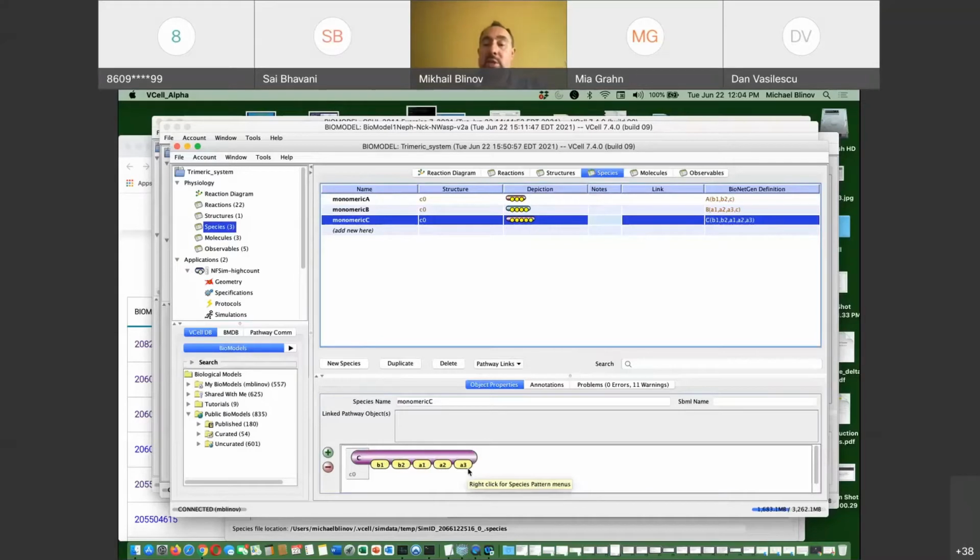So this may be considered a molecular dynamical system, but in network-free simulation, it's a purely stochastic description that doesn't account for proximity, doesn't account for whether certain molecular configurations can exist in reality.